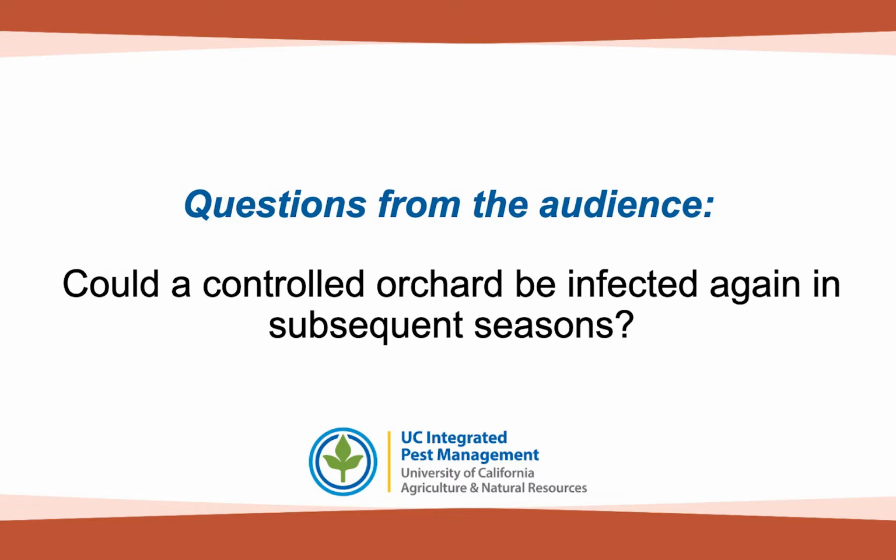So you want to think of red leaf blotch management as a yearly consideration, especially knowing your orchard history. It's always important in IPM to understand your orchard history, how much disease you had the previous year. But at this point, red leaf blotch is so aggressive and so widespread that I think we're going to have to consider it year after year, even if you had a low history the previous year.